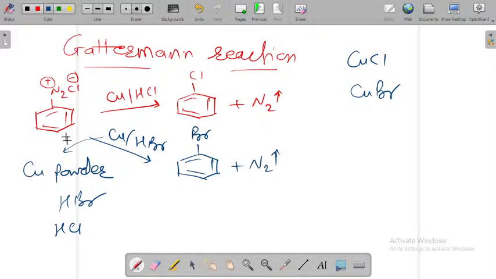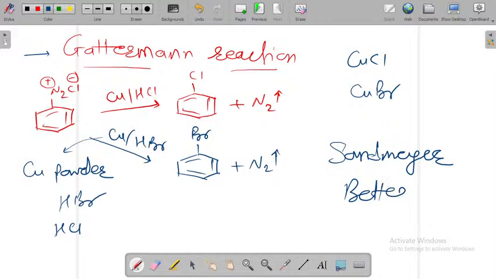And if you compare the two, the Sandmeyer reaction has a better yield as compared to the Gattermann reaction.